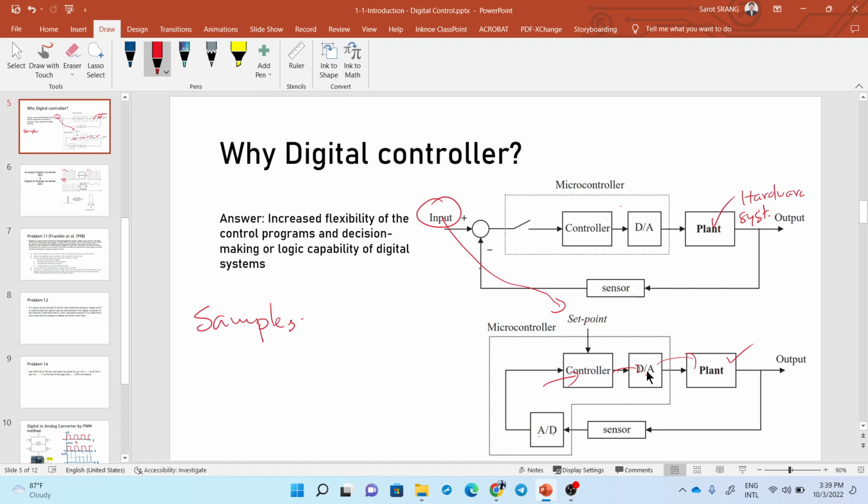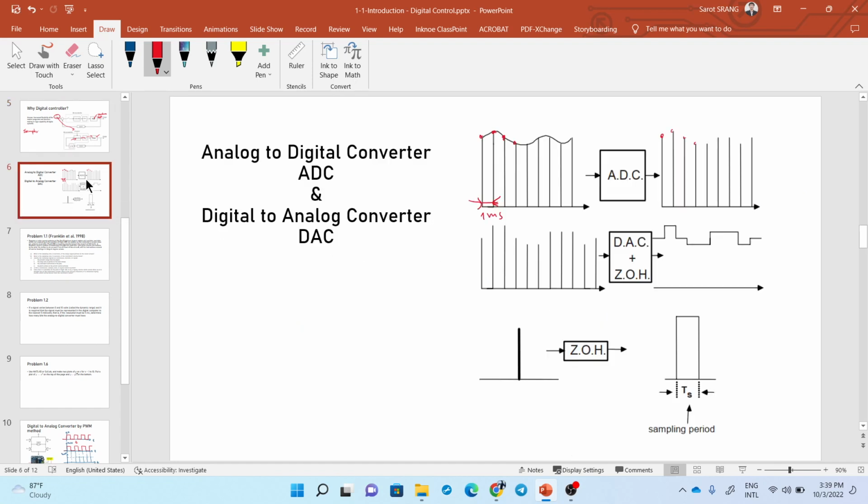Okay, so digital means you calculate based on sampling data. Analog means continuous data, continuous signal, to be precise. And let me introduce a term so-called zero order hold.